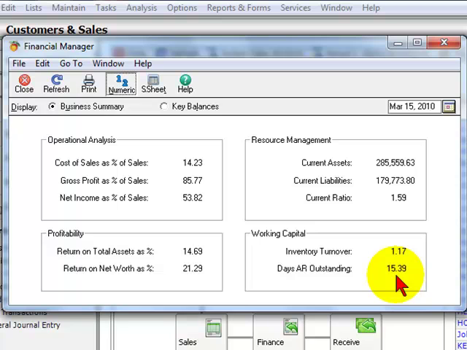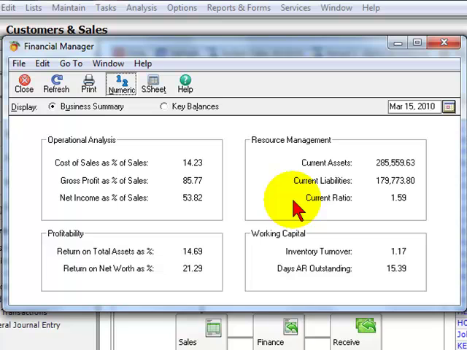One of the other ratios you will probably come across, and is kind of a replacement for the current ratio, is the quick ratio. And this is basically cash plus cash equivalents plus marketable securities plus AR divided by current liabilities.